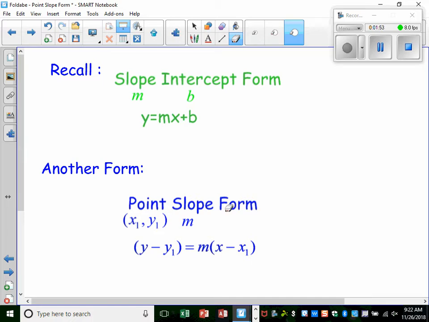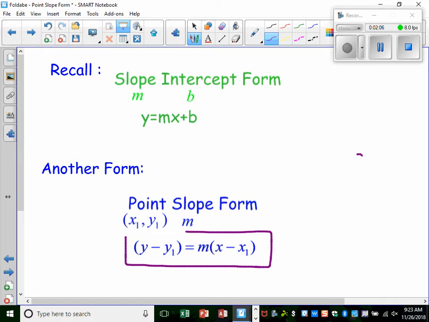All right. Now, let me just point out where you will be putting these two things. In this form, which is this form right here, the only pieces that you'll be putting in will be this number, and this number. So your point will be identified as x1 and y1, so that will go here.